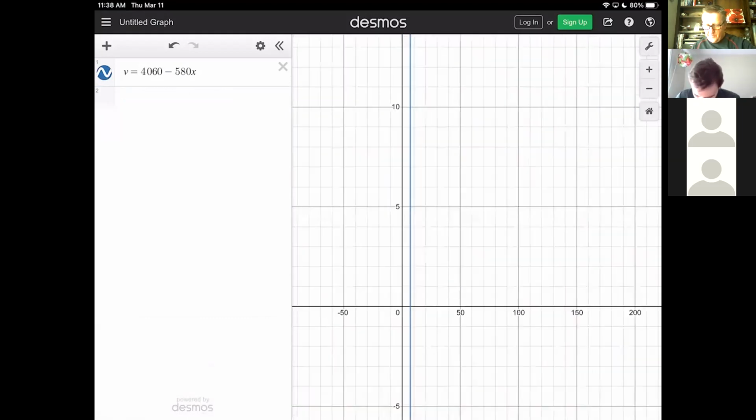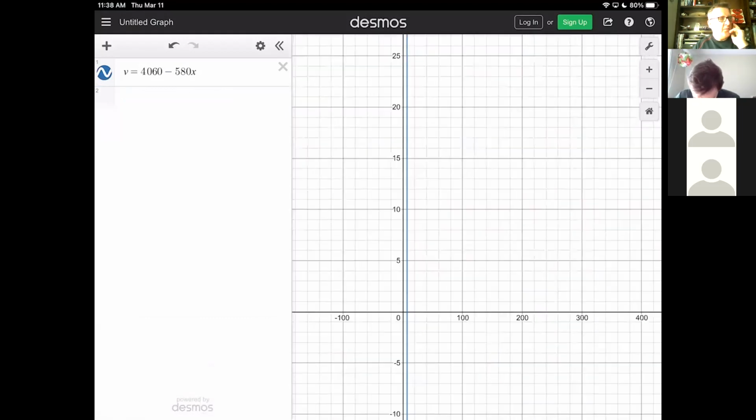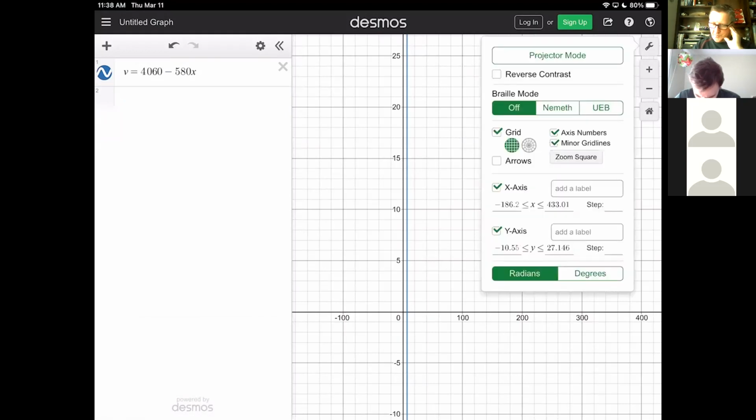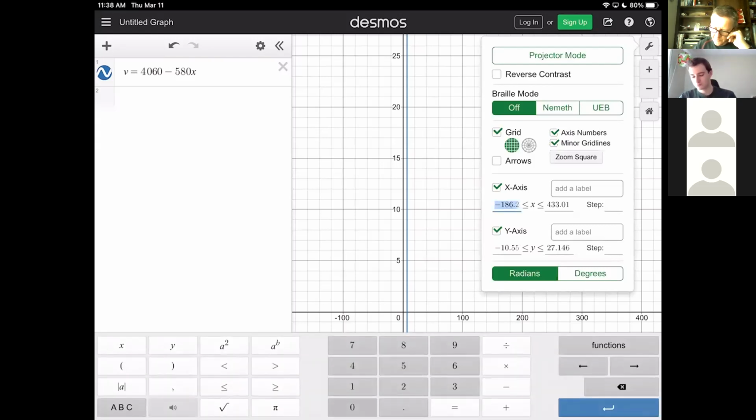Now, notice you get predictably a really steep line. Isn't that a line that crosses at 4,060 and it has a slope of negative 580? So no wonder it's so vertical. So let's go to the little wrench up there and adjust the window a little bit. My beam is from 0 to 14.